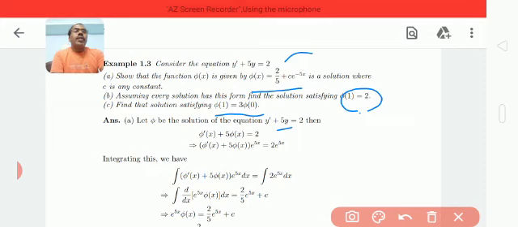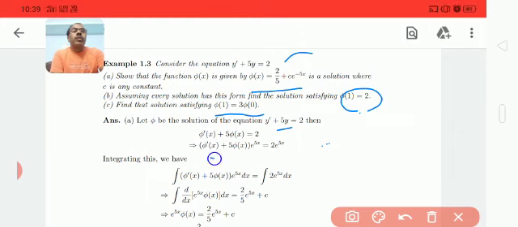Now this can be written as, we just multiply by e to the power x. So this is phi dash x plus phi x, into e to the power x, which is equal to 2 into e to the power x. And then integrate. Integrating this, what we get on both sides?